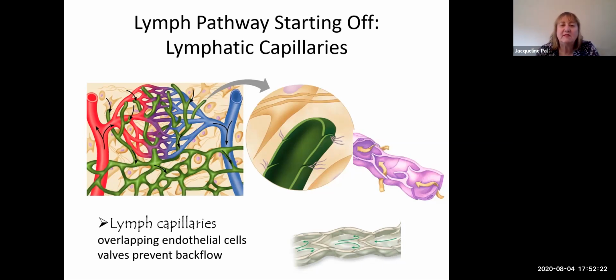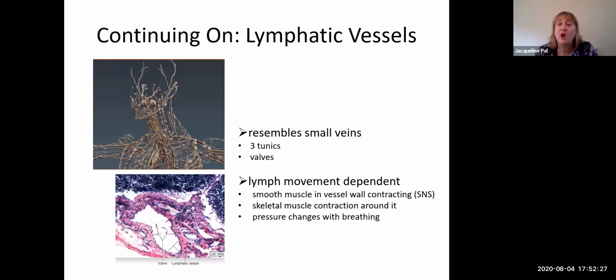Once the fluid is in, the capillaries are going to merge to form larger lymphatic structures known as lymphatic vessels. The smallest of these resemble small veins in that they have a tunica intima, tunica media, and tunica externa. So they will have a little bit of smooth muscle in their walls. They'll continue to have valves, as you can clearly see in this photomicrograph in the left lower quadrant of your picture.